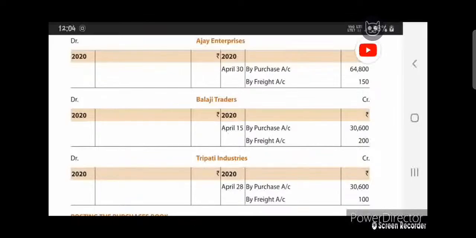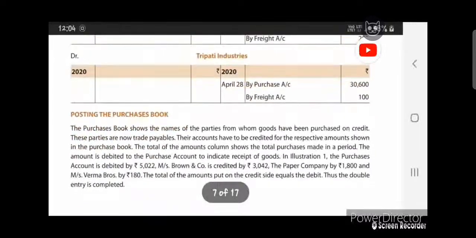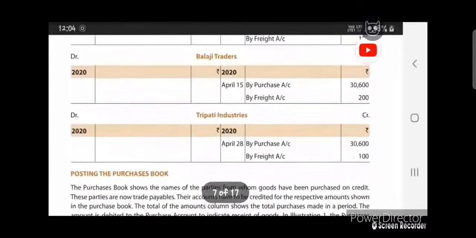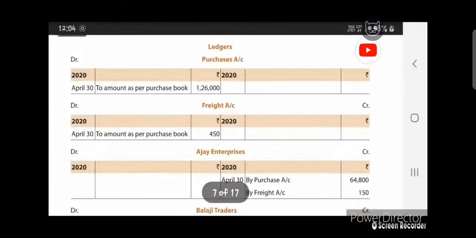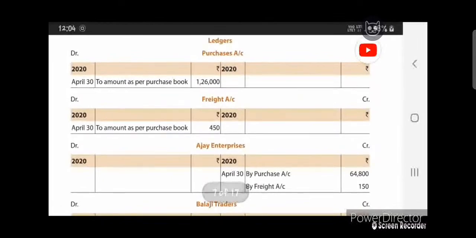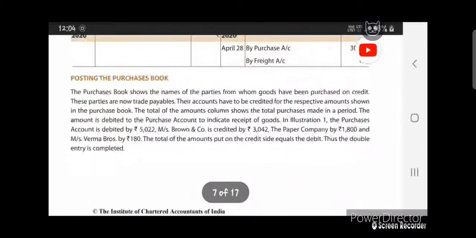Next, Tripti Industries, on April 28, 2020, by purchasing account 30,600 is credited, by freight account 100 rupees is credited. So this is how you have to write the ledger. This is the example they have given of how to write the ledger.